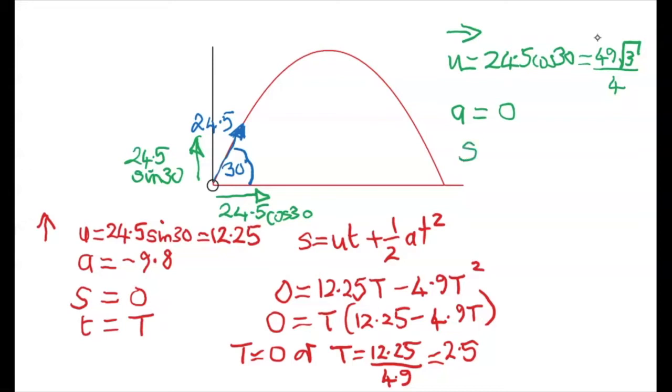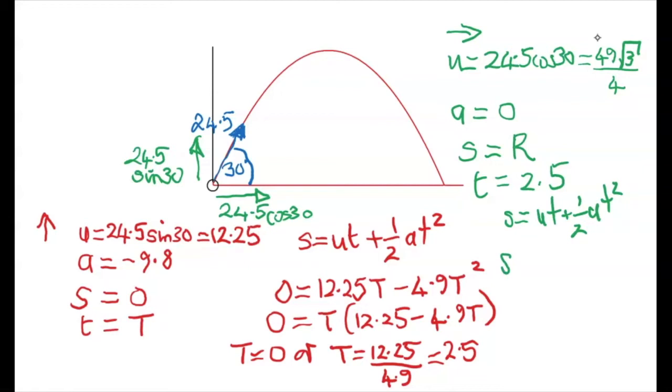The distance travelled is this range that we want to find, so we could call it r, and t is 2.5. We want an equation with u, a, s and t, so we're using s equals ut plus half at squared again.